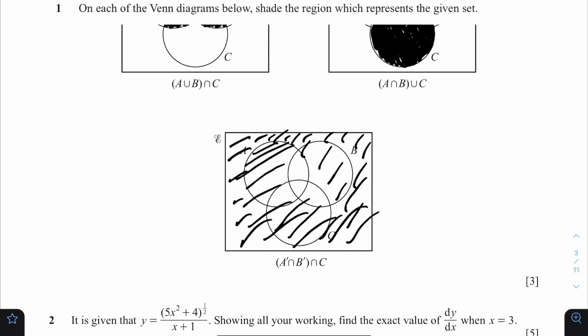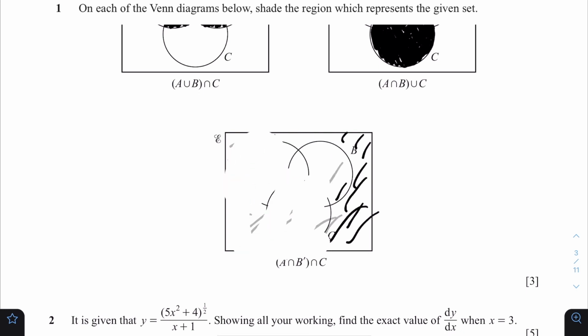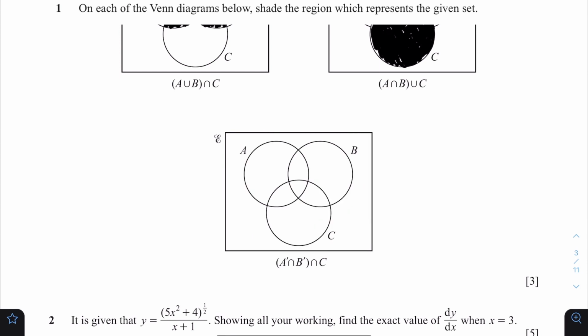So A prime intersect B prime does not really include any of this. Sorry, it doesn't include any of this, because that is not the intersect of the two sets, right? We have to look at what's not A and not B. And then the intersect C means that it's going to be equal to just C, this part.